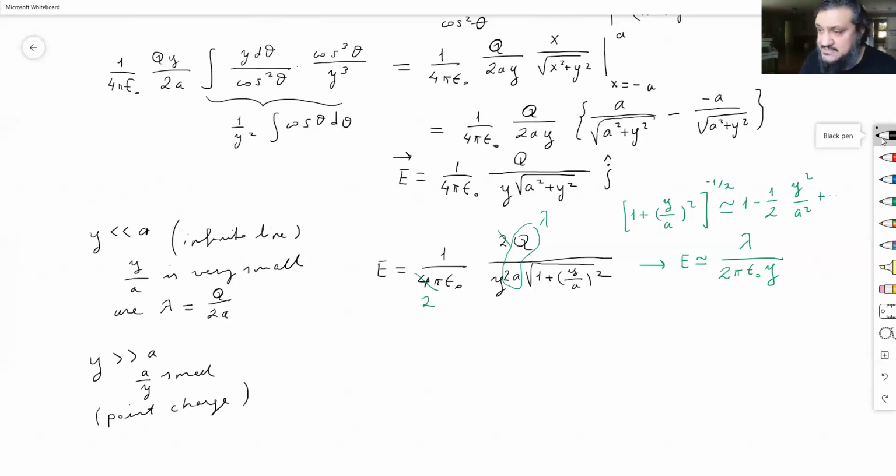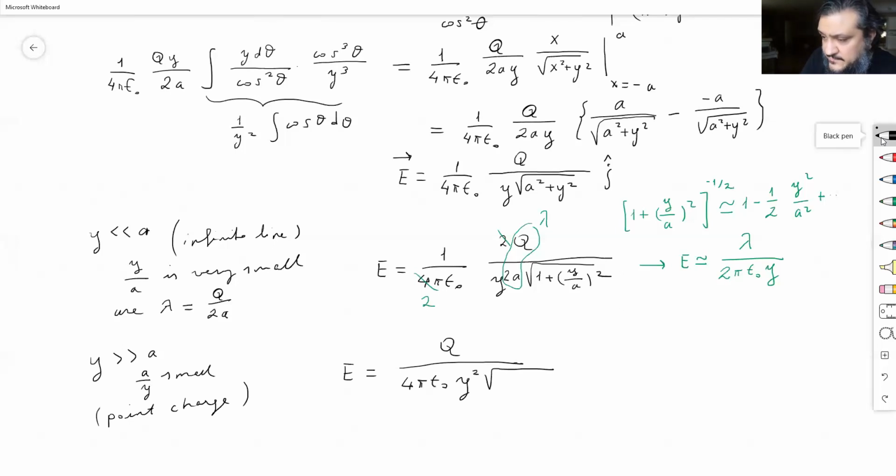If you go back to that formula here, what can you do? You can factor y out. So E is exactly equal to q over 4 pi epsilon 0 y, and I'm going to take another y from the square root, y squared.